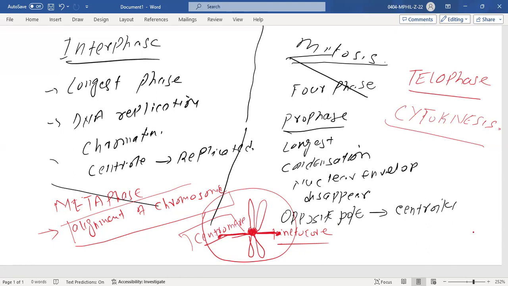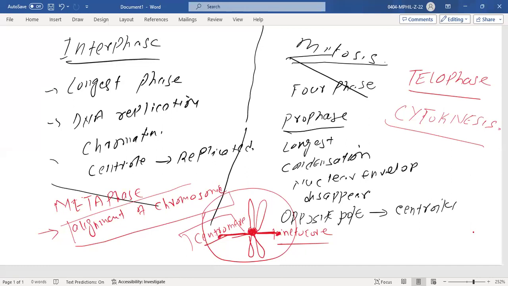There would be a pinching of the cell membrane in the middle, towards the inside, and in plant cells, a new cell wall is formed. This is the key difference.